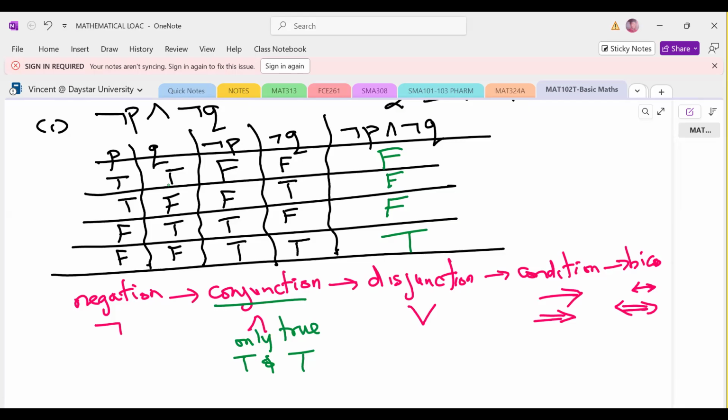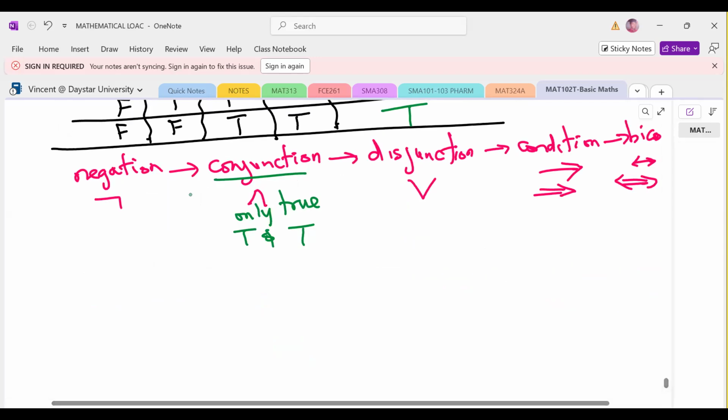So you are to classify this as a contradiction, tautology, or contingency, as we told you to draw and then classify. Is it a tautology? Okay, so there are these other three related terms.